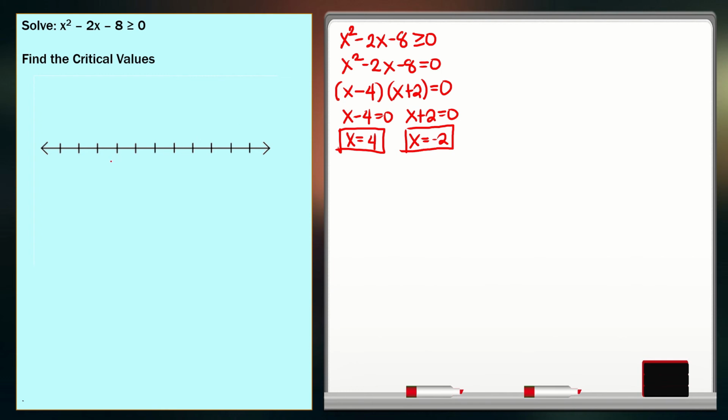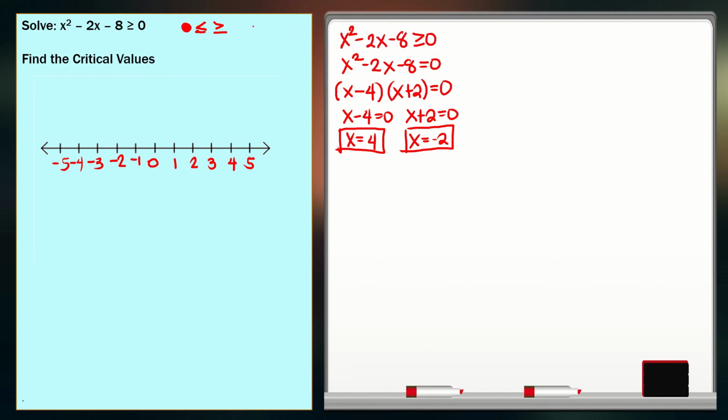So let's assume that negative 2 is here. So we have negative 1, 0, 1, 2, 3, 4, 5. Then to the left of negative 2, we have negative 3, negative 4, and negative 5. Remember, we will use a solid circle if the given inequality symbol is less than or equal to or greater than or equal to, meaning to say that the endpoints are included as part of the solution.